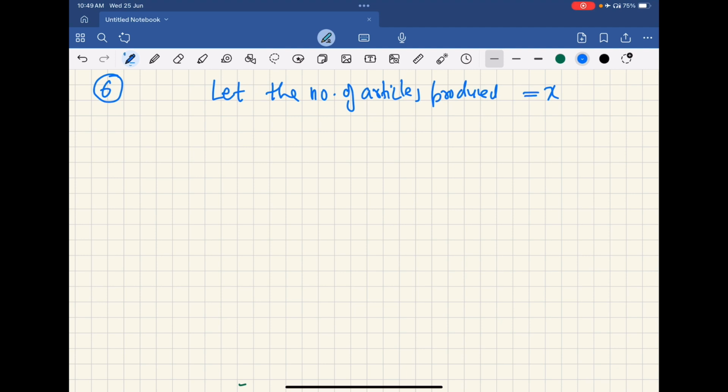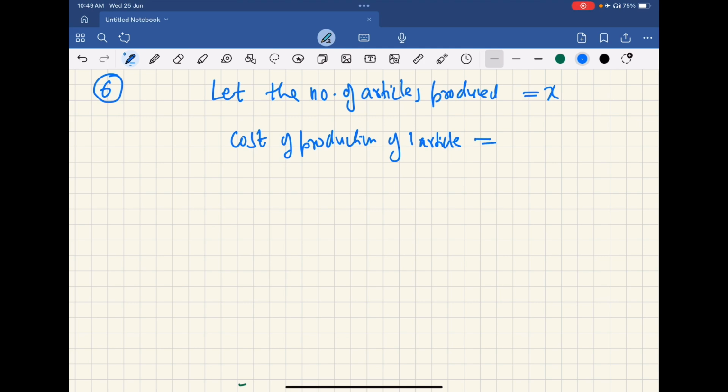Now if we read the statement, it says the cost of production of each article, meaning one article, is 3 rupees more than twice the number of articles produced.